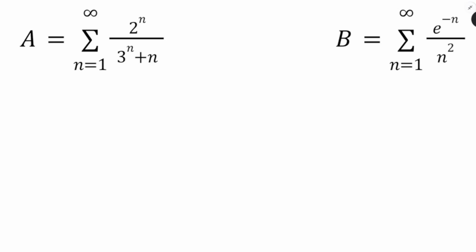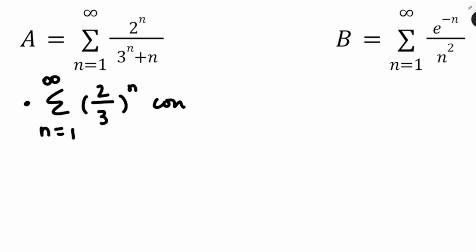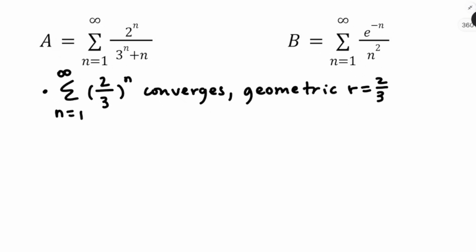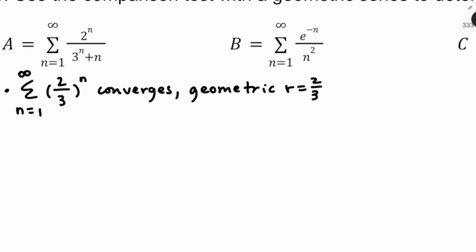So I'm thinking, okay, 2/3 to the n is compared to, so the sum from 1 to infinity of 2/3 to the n converges. It's geometric with r equals 2/3. And what's relevant about that is that the absolute value of r is less than 1.